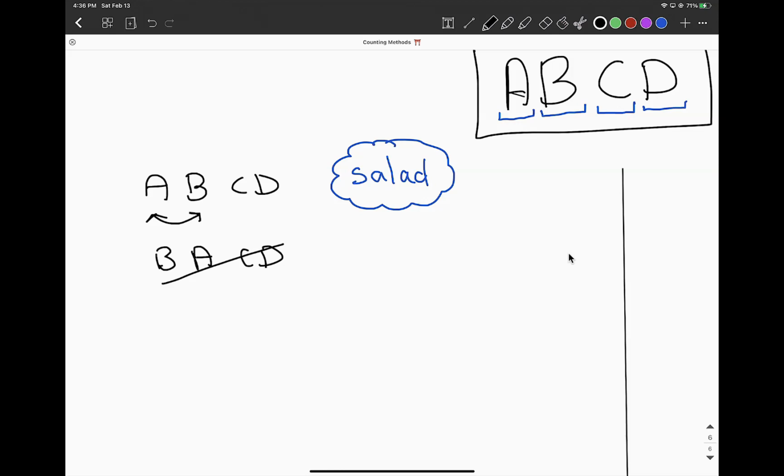You can move anything around. You can switch your avocado with your cucumber, or whatever that C means, and all of a sudden you can't say, well, that's a different salad. I rearranged it. Well, that's just nonsense.